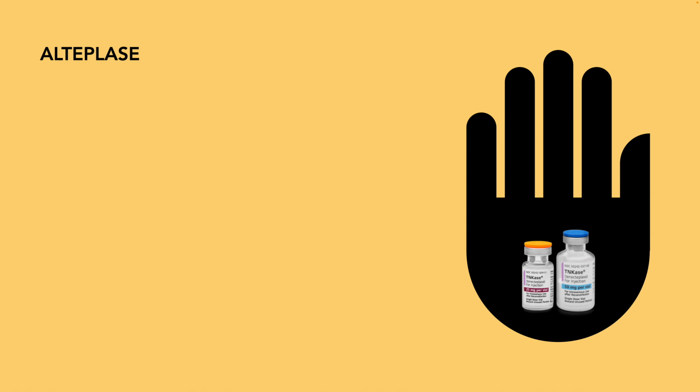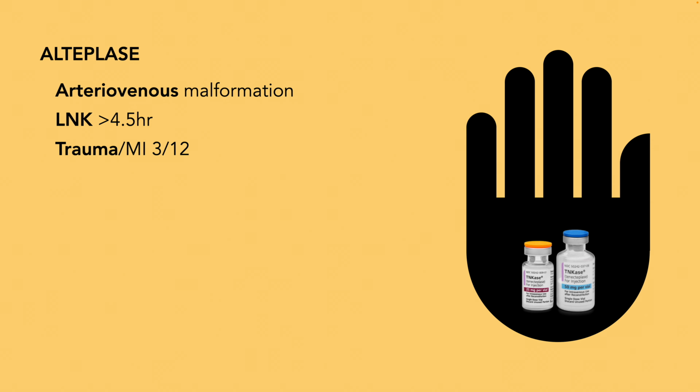But we still use alteplase as a mnemonic for the TPA thrombolysis contraindications, okay? So A is arteriovenous malformation. Last known normal, so that should be LKN, over 4.5 hours. Trauma or an MI within 3 months. Endocarditis. If your platelets are low, if your INR is over 1.7, and there's things like PTA, PTT, all these different things, and they're kind of trust dependent.